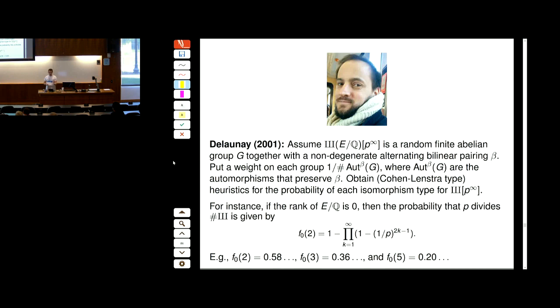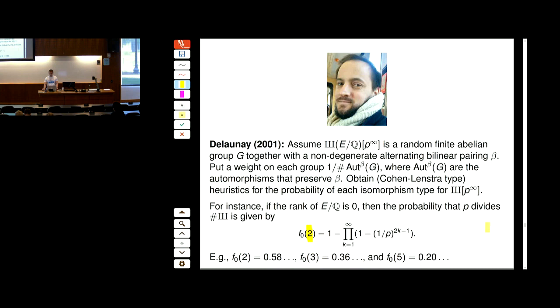So for instance, it's easy to state when the rank is 0, then the probability that Sha is divisible by p, by a prime p, is given by this function. So, for instance, the probability that Sha is divisible by 2 is 58%, or 36% divisible by 3, and 20% divisible by 5, and so on.